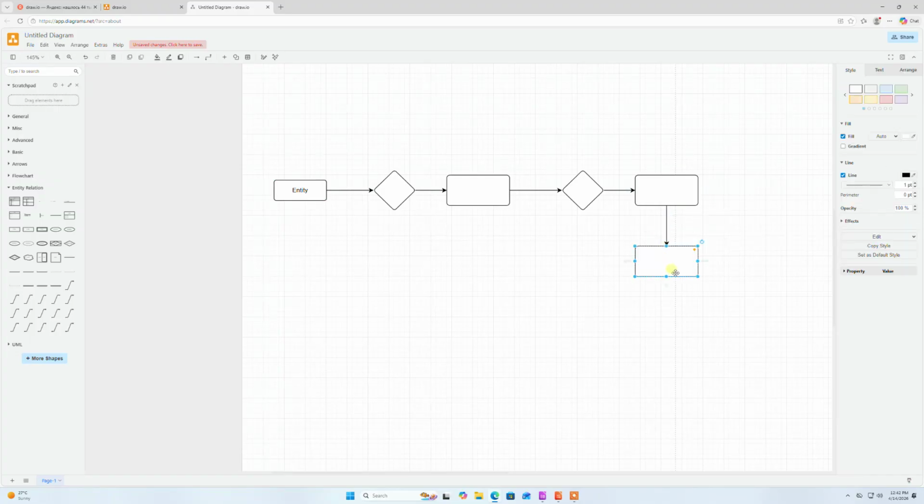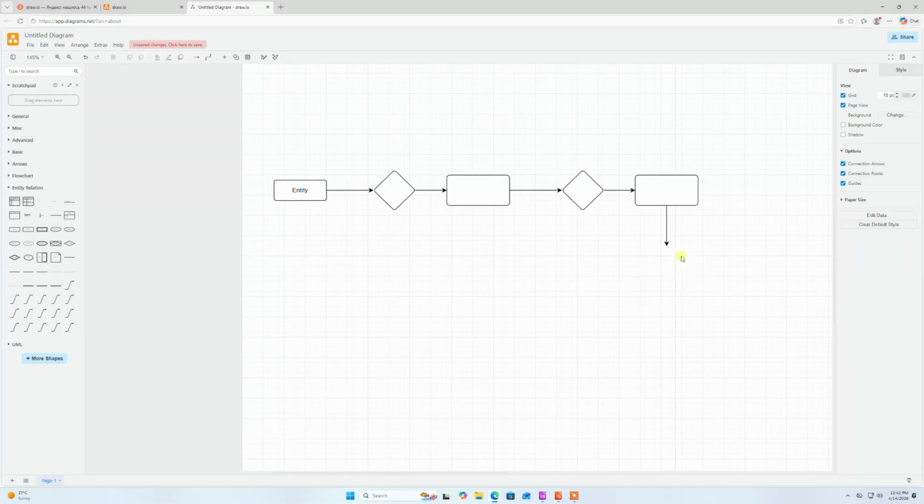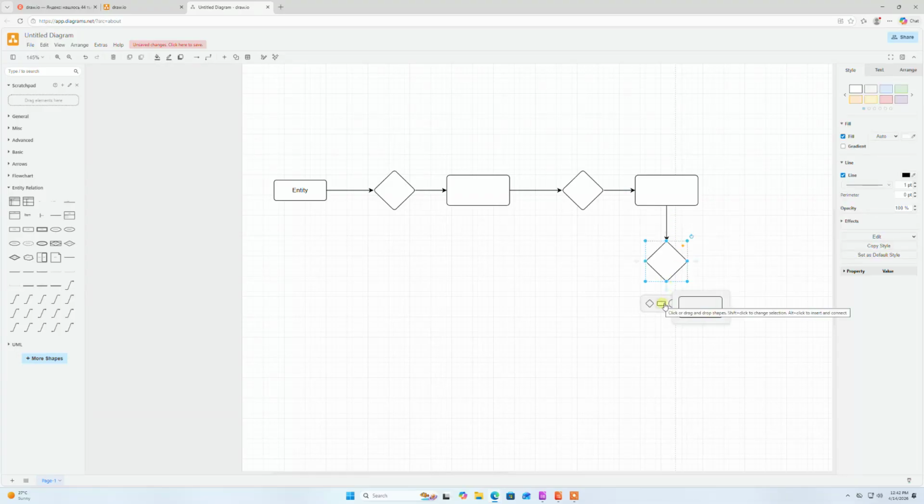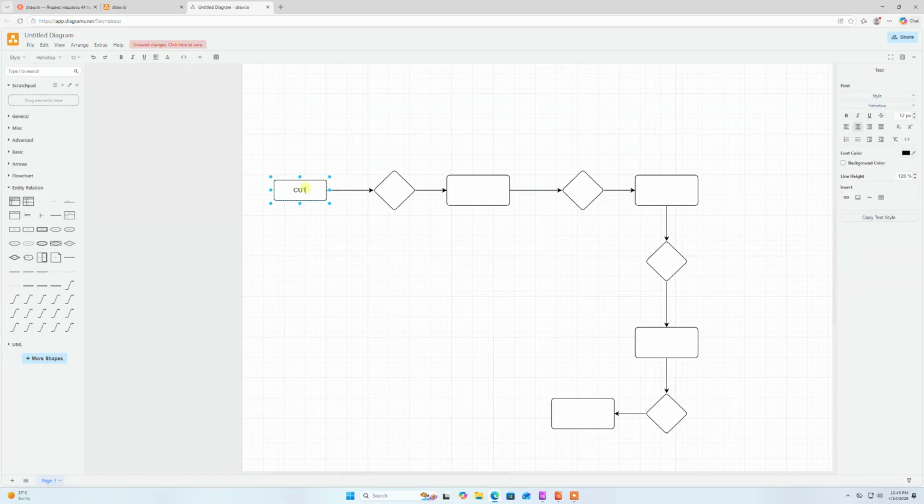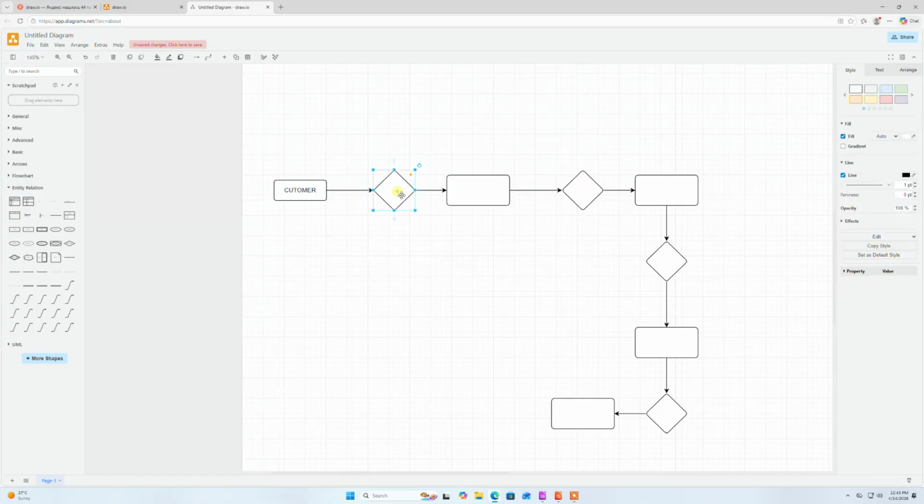Oh, I forgot to add the relationship symbol, so I'm going to delete it and add the relationship, and next this entity, again a relationship, and then the entity. Now I can write it down like this: customer place order.